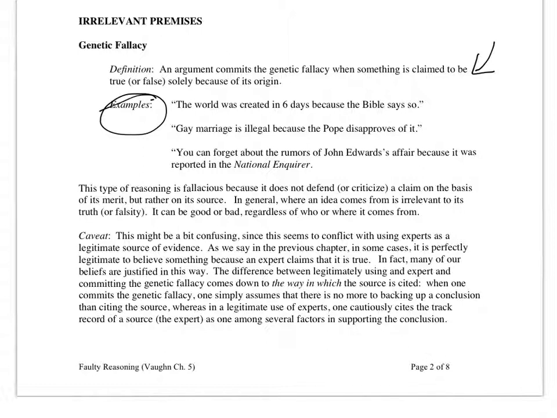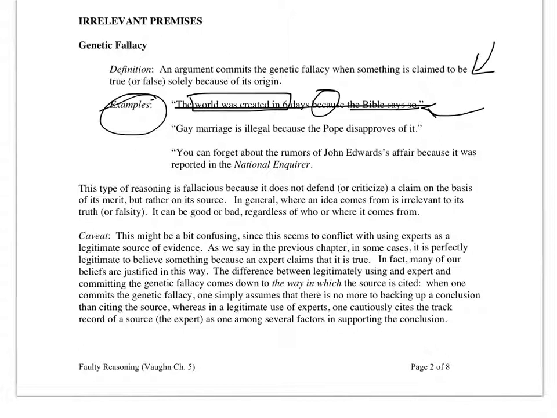Here's a claim that you often hear by strong religious believers of a certain stripe. Not all religious believers believe this, but this is something that some people will say. And it's this: the world was created in 6 days because the Bible says so. And the support for the claim that the world was created in 6 days is from the authority of the Bible.